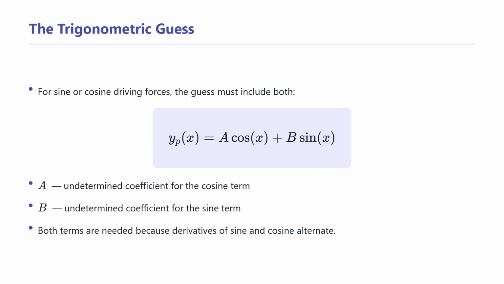Because they cycle into each other, our guess must include both sine and cosine terms to capture all possible terms that might appear. We guess a times cosine of x plus b times sine of x. Here, a and b are our two undetermined coefficients. If we only guessed sine, we would be missing pieces when we take the derivatives, and the equation would not balance.